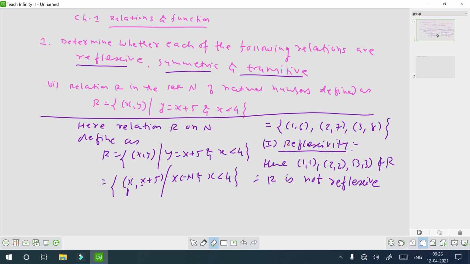Now, second thing, what we have to check? Symmetricity. Now see, observe here. 1 6 is there, but 6 1 is not there. 2 7 is there, 7 2 is not there. 3 8 is there, 8 3 is not there.